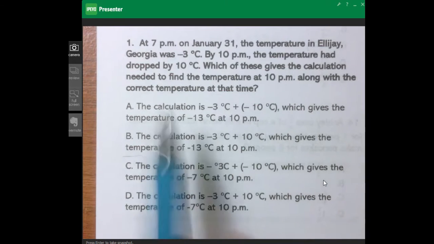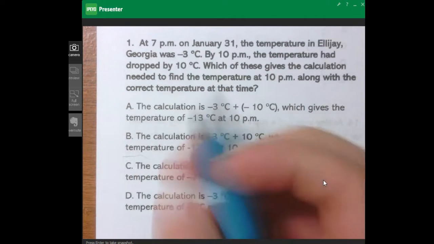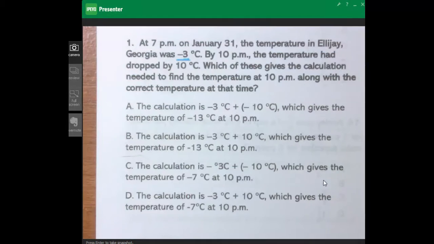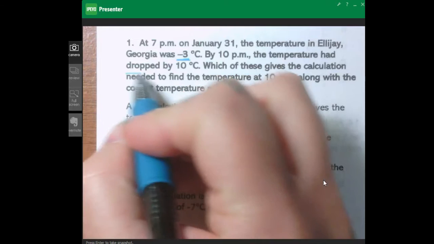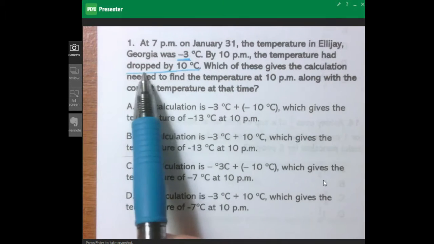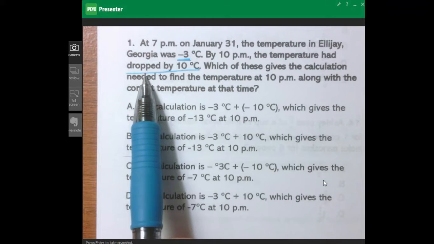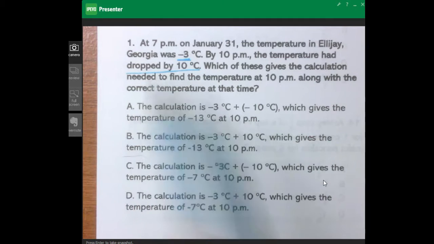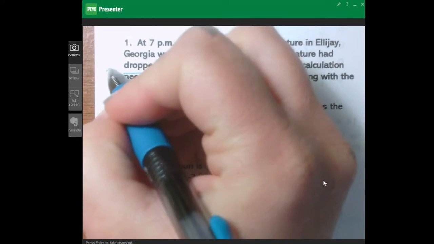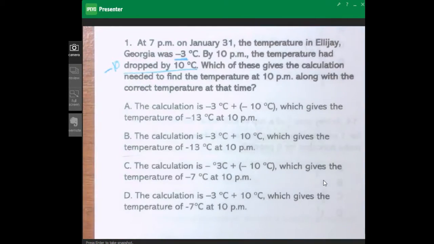Well, looking back in our question at the information we have, we know that we were at -3 degrees Celsius to begin with. And then we dropped another 10 degrees. So when we say dropped 10 degrees, we're going in that negative direction. So this is really going to be a -10.